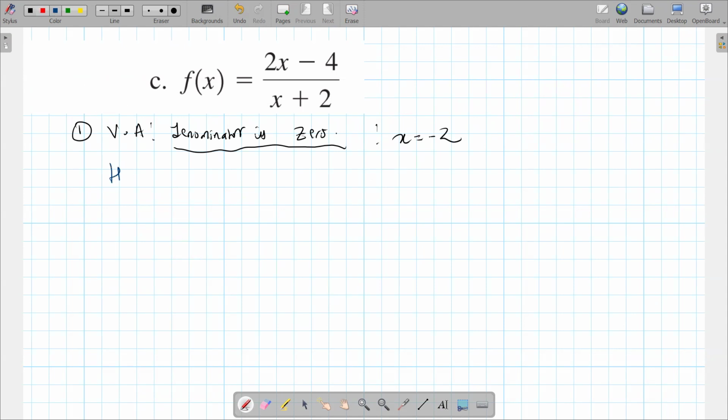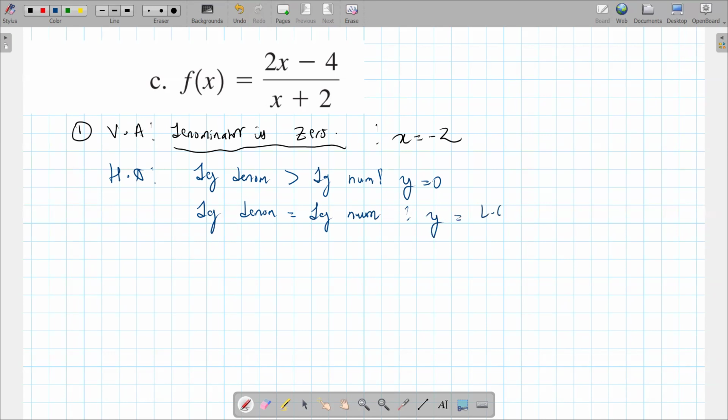Then you want to find the horizontal asymptote. The way this works is that if the degree of the denominator is bigger than the degree of the numerator, then you'll have a horizontal asymptote on the x-axis, y = 0. If the degree of the denominator is equal to the degree of the numerator, then your asymptote will be the leading coefficient of the numerator divided by the leading coefficient of the denominator.